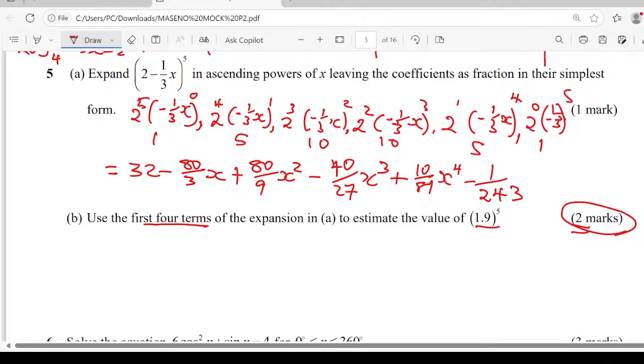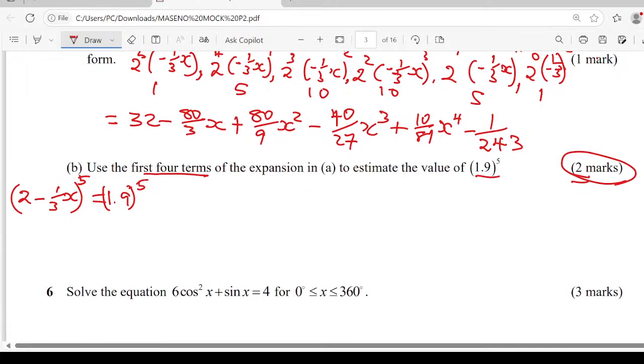Remember, they are saying use the first 4 terms. So in the first case, I have to equate 2 minus x raised to power 5 to 1.95 raised to power 5. So this will be like saying 2 minus a third x equals 1.95. So 2 minus 1.95 equals a third x.